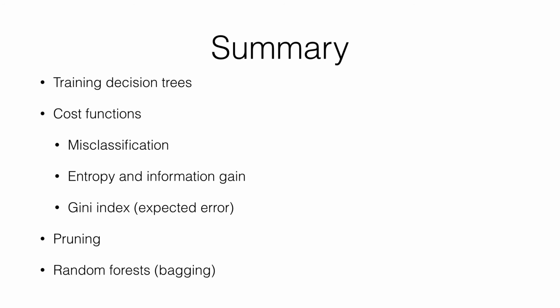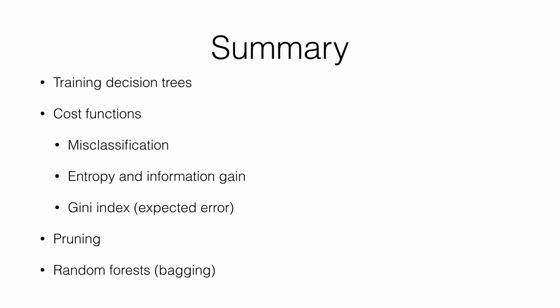So to summarize what I talked about in this video, I talked about how to train decision trees. I gave the basic overall recursive framework, and I showed you that the main difference between most methods of decision tree learning is what cost function to use within that framework. And then I talked about 3 particular cost functions, and there are others out there, but the ones I talked about were misclassification rate, the entropy, and the expected error, or the Gini index.